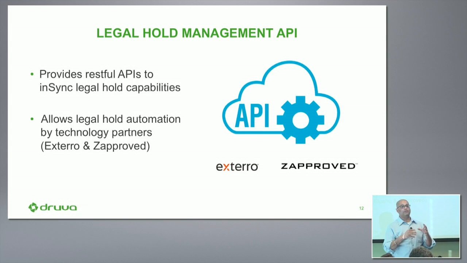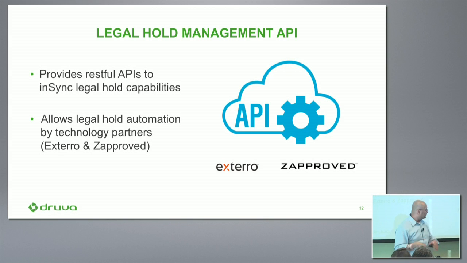If any customer wants to use Xtero's solution, we have certain customers that leverage it, they can just go into their platform, put people on legal hold, and the integration that happens in the background can then enable all those users to go on legal hold on InSync, and the data transfer from AWS Druva into AWS Disco, which is our other partner, happens immediately.